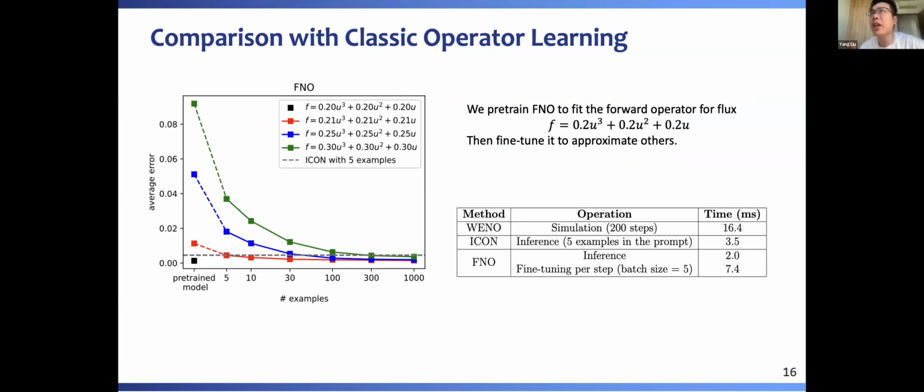But for ICON, you do not need a lot of data for every operator. So this comparison is kind of hard. With sufficient training data, FNO can perform better than ICON for a fixed operator, but it will definitely not work for others, and you need more data and a lot of time to retrain or fine-tune it to fit a new one. So that is the comparison.